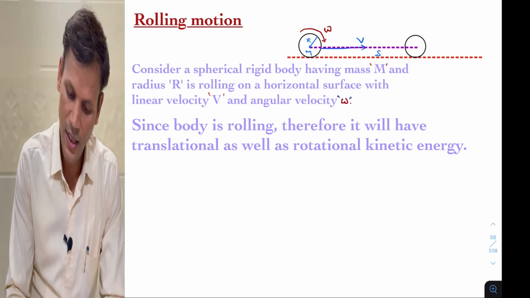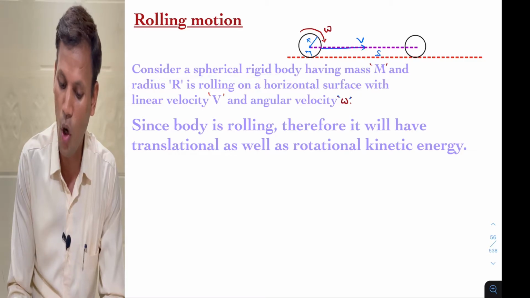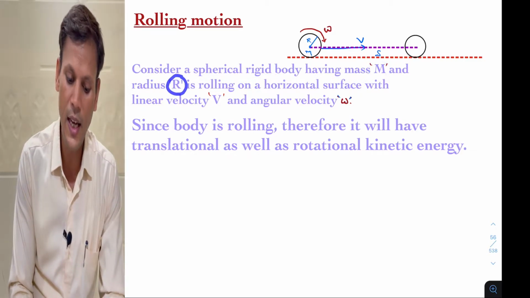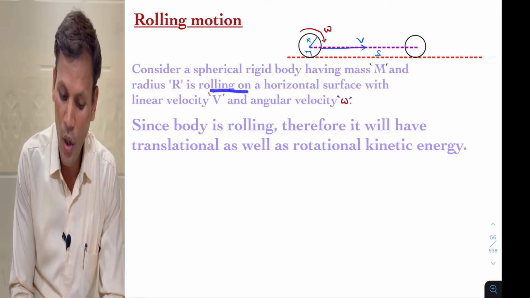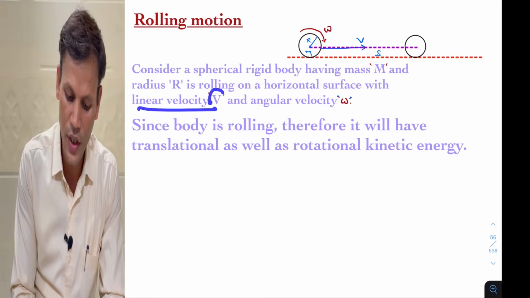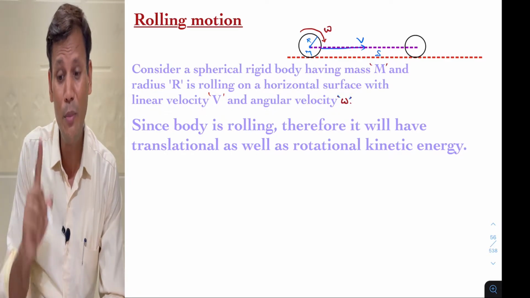Consider a spherical rigid body having mass M and radius R rolling on a horizontal surface with linear velocity v and angular velocity omega. Terms must be clear.